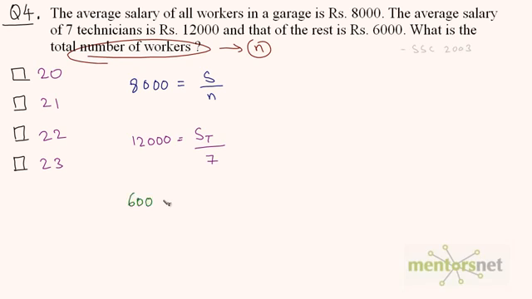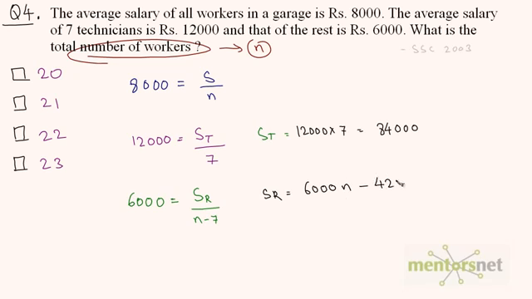So 6,000 is equal to the sum of salaries of the rest of the people, let's say, which is SR, divided by the number of the rest of the people, which can be written as n minus 7. Now let us calculate ST and SR. ST is equal to 12,000 times 7, which is equal to 84,000, and SR is equal to 6,000 times n minus 7, which is 6,000 n minus 42,000.